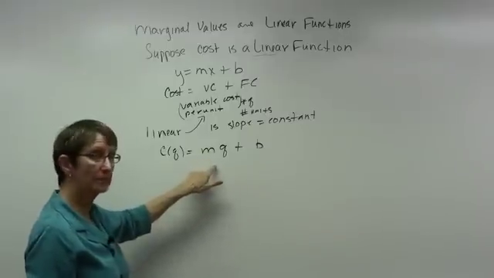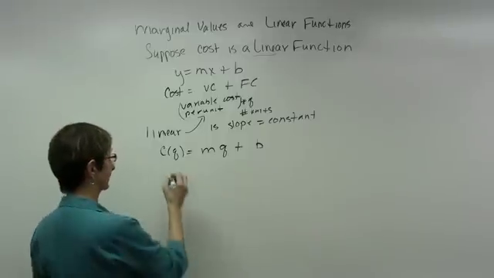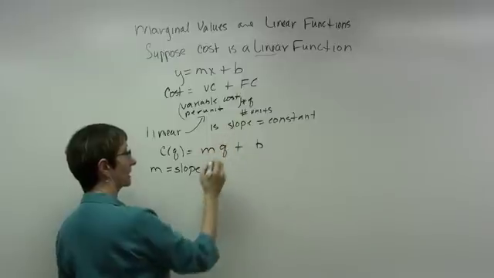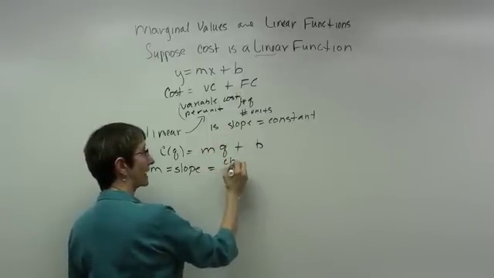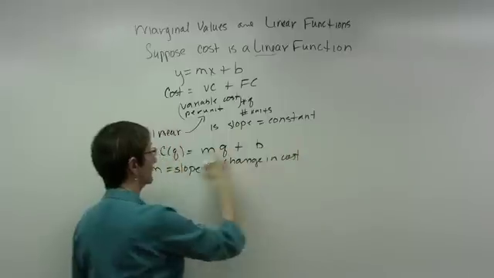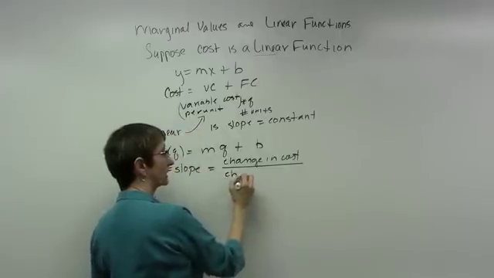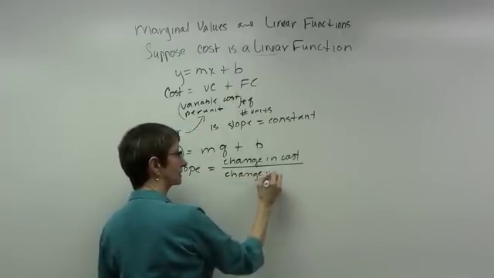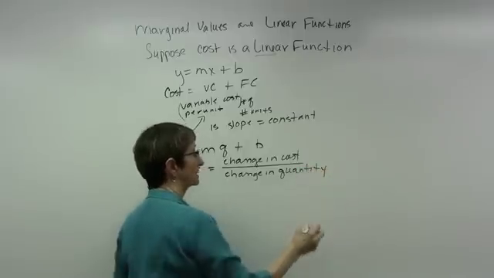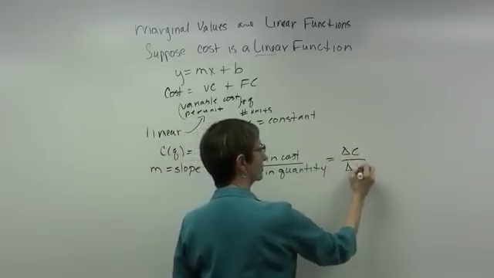Now the slope M, in terms of cost and quantity, M is slope. We know it's a constant. It is change in cost, because that is the function name, divided by change in quantity, because our variable is Q. So this is change in C over change in Q.